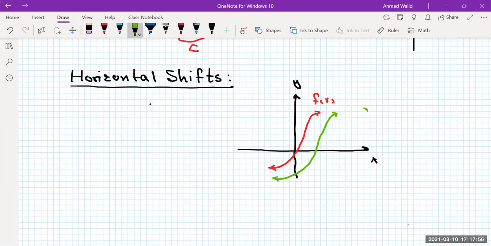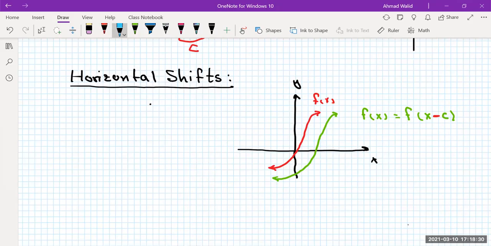Remember, this one will be f of x equals f of x minus c. Focus here, x minus c. The sign is negative, but the function is moving, shifting towards right.